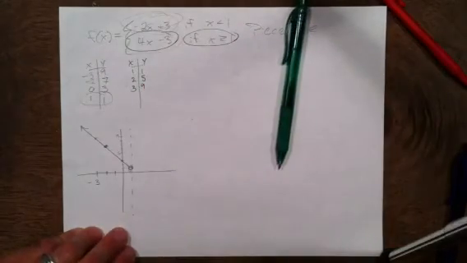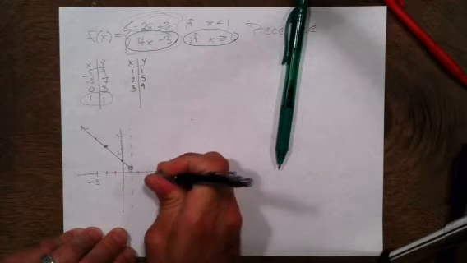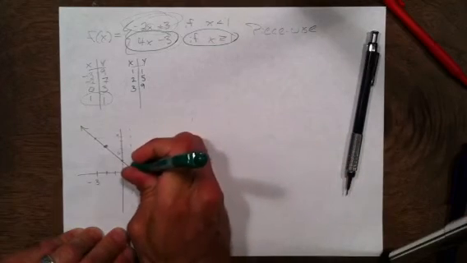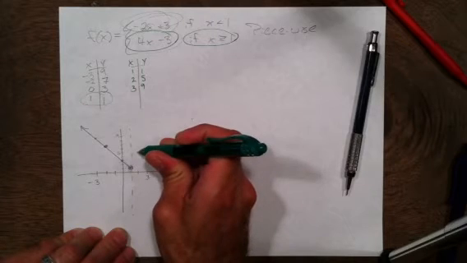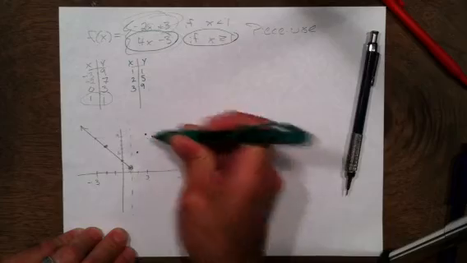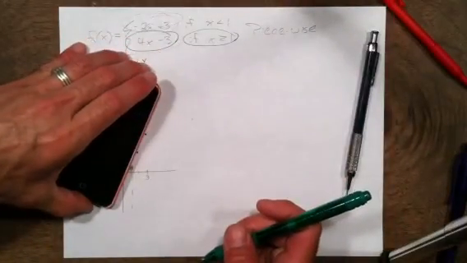Okay. So 1, 1 is about here, and I have this point right there. 2, 5 is about what there? 3, 9 is somewhere over here, and again my points kind of line up.